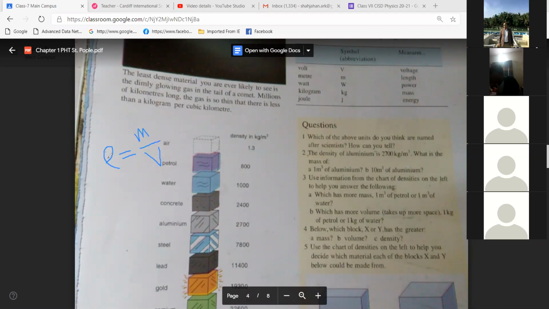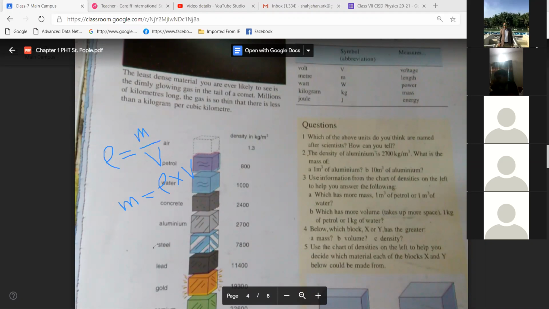Then m for mass, v for volume. You should write it on your copy. Question number 2 we are solving. As we are going to find the mass, we have to multiply density and volume, right? M equals rho times v, density multiplied by volume.